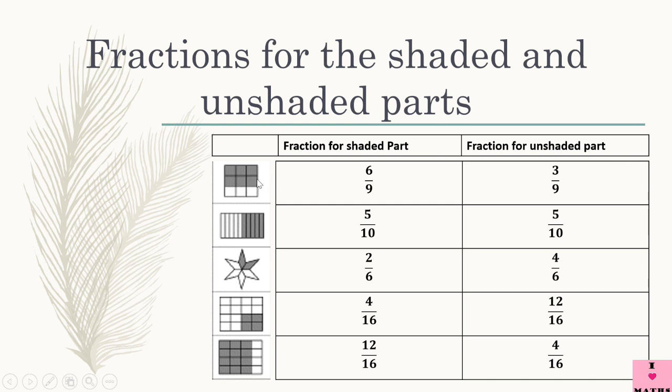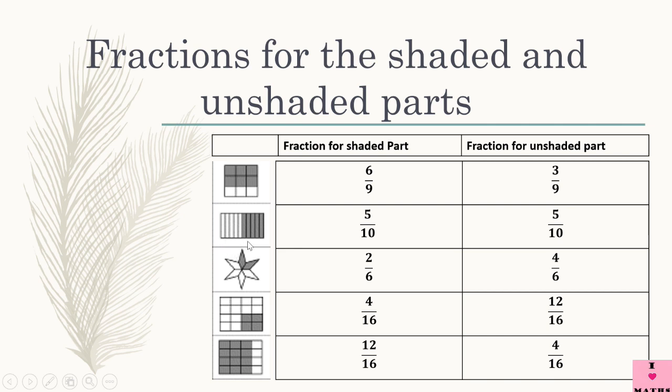So the fraction for the shaded parts is 6/9. 9 are total parts and 6 are the shaded parts. Fraction for the unshaded part: in this figure, these 3 parts are unshaded. So for them, the fraction is 3/9. 3 are the unshaded parts and 9 are the total parts.